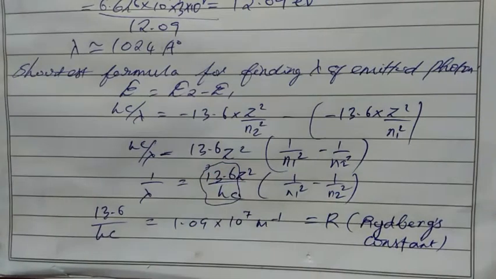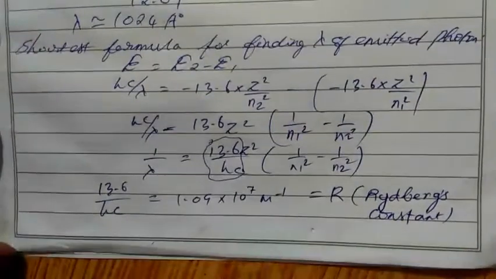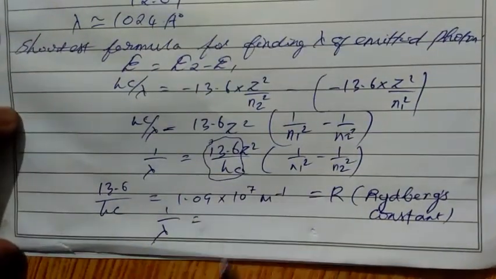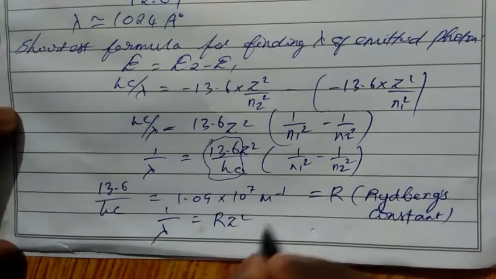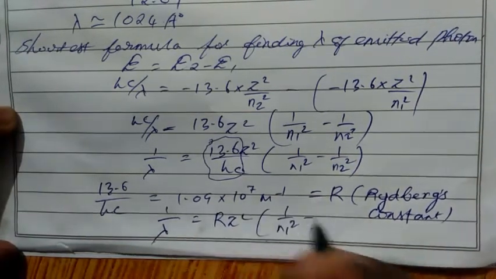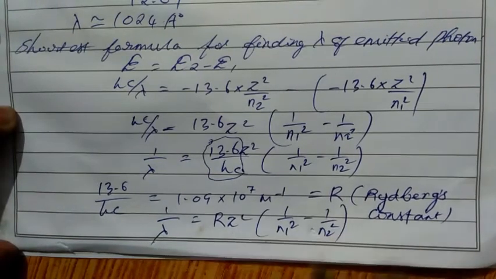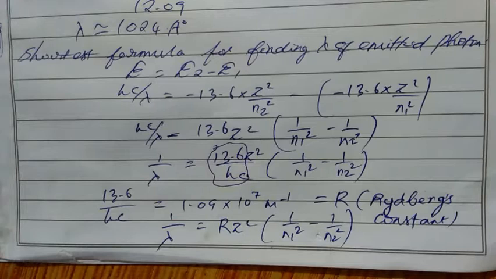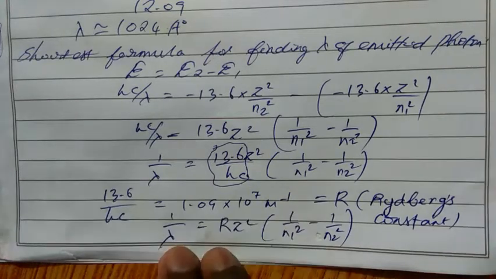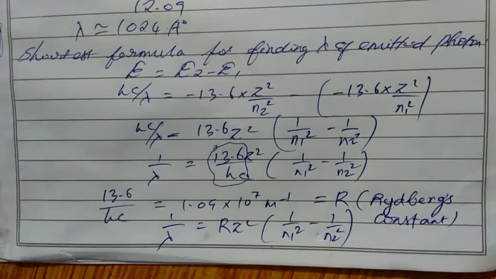Instead of 13.6 by hc, I can write 1.09 into 10 power 7, or I can simply put R. So our value is 1 by lambda equal to R Z square, 1 by n1 square minus 1 by n2 square. This is the final formula for lambda.